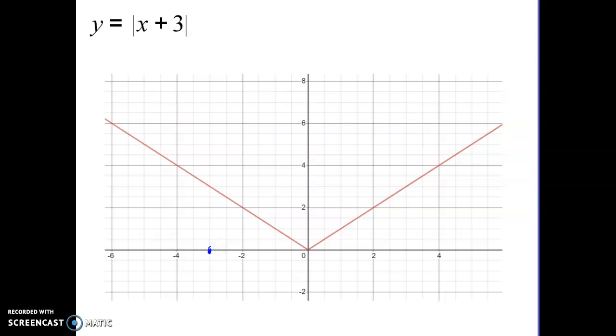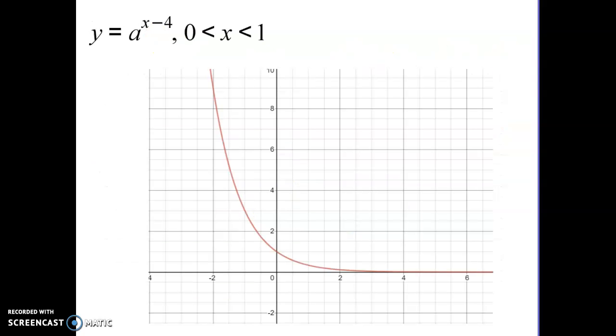And then I'm going to attach the absolute value graph to this point. It's the same shape. I still have that diagonal line up and to the right. I have a diagonal line up and to the left. It's just that my shape has been moved 3 units to the left. So horizontal translation, 3 units left.